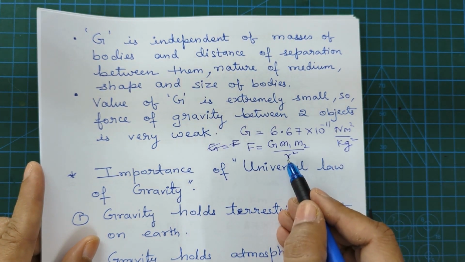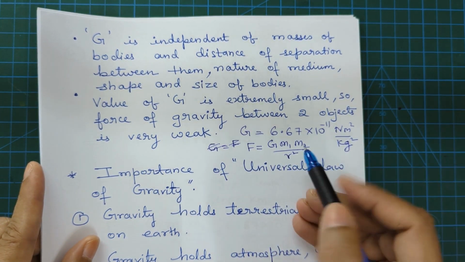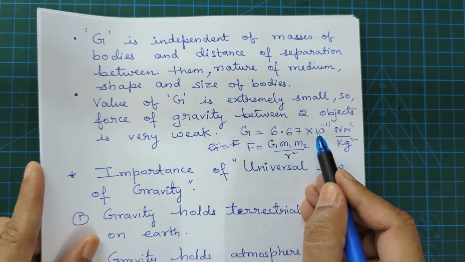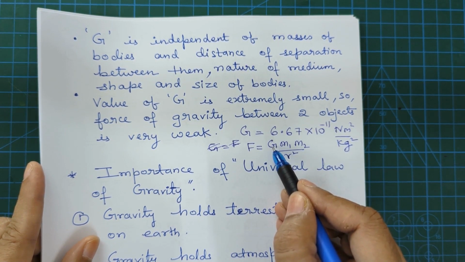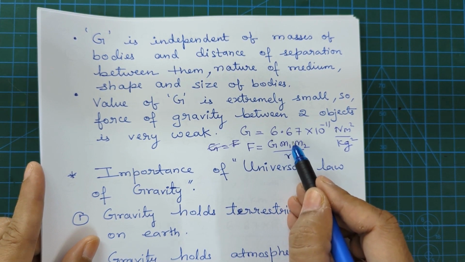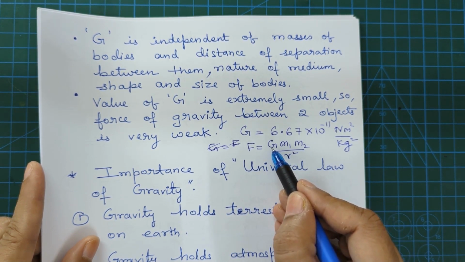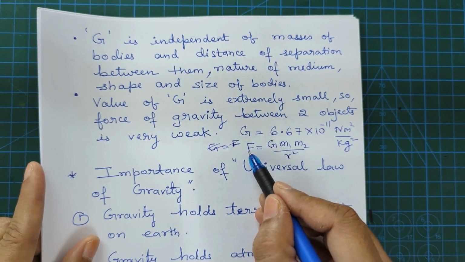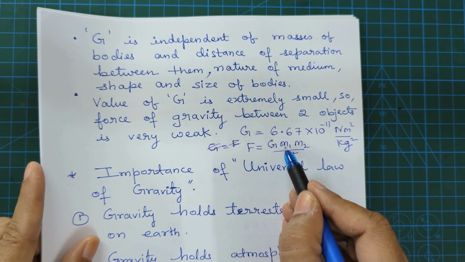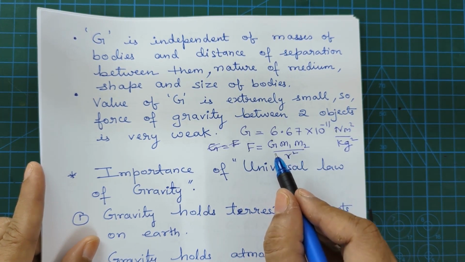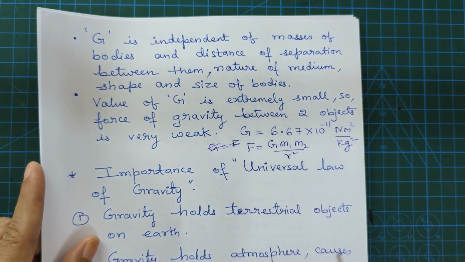The distance between those masses may be less, may be more, unnecessary. But this complete thing is multiplied by a very small number, 10 to the power minus 11, a negligible number. So however big the masses be, since it is multiplied by a negligible number, the overall number is negligible. So the force of gravity between any two masses separated by some distance is ultimately a negligible number. That is why the force of gravity is the mildest or weakest force.